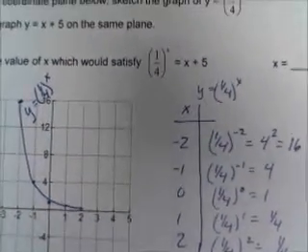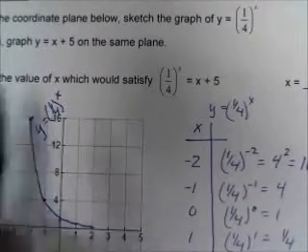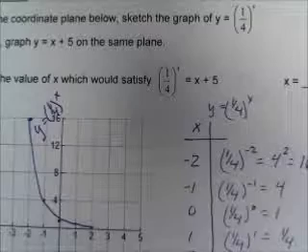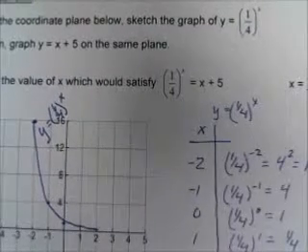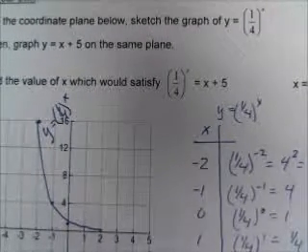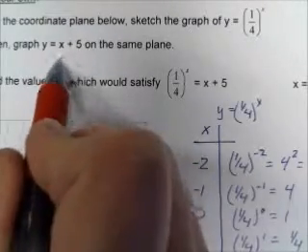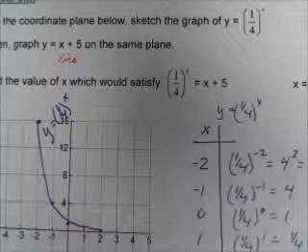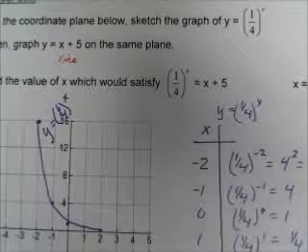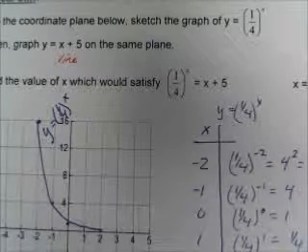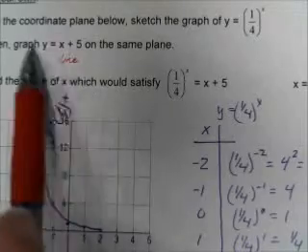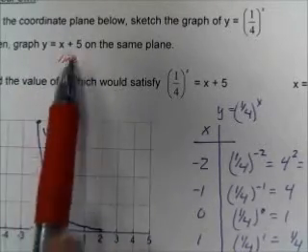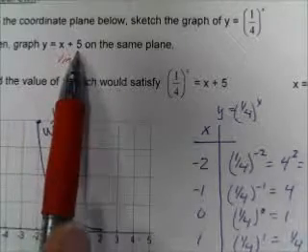And now we want to graph y equals x plus 5. Well, y equals x plus 5 is the equation of a line. You could plug in some values or put it into the calculator, but I know from practice that y equals x plus 5 is the equation of a line that has a y-intercept of 5.